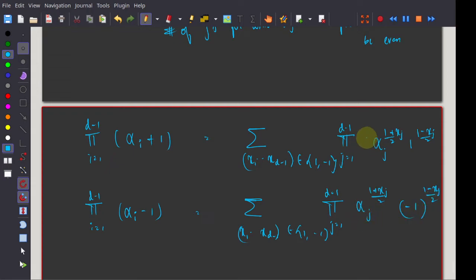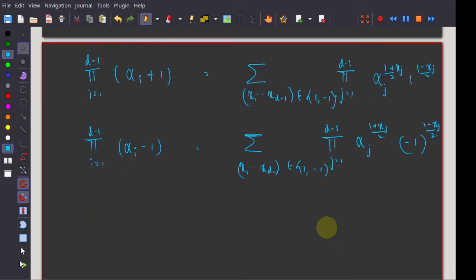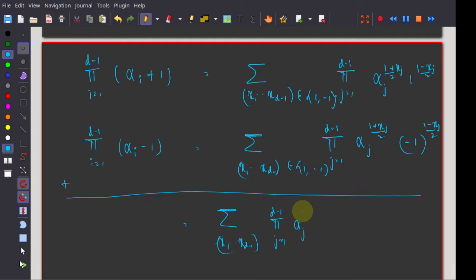Okay. So now let's add these two up. If I add these two up, then basically I get summation over all possible x1 up to x d minus 1 of product j equal to 1 to d minus 1 of alpha j whole raised to 1 plus xj by 2 times, the way to put it is basically, 1 plus product j equal to 1 to d minus 1 of minus 1 raised to 1 minus xj whole divided by 2.